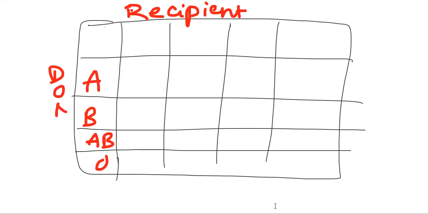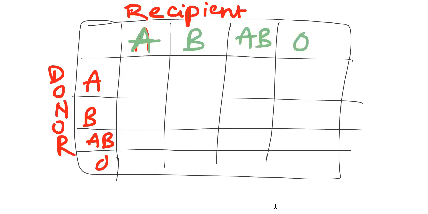Whatever we learned here, I am just showing in the form of a donor and recipient format table: A, B, AB, O. When A is given to A, as we proved earlier, there is no risk factor. If there is no risk factor, we can show it like this: minus, minus.